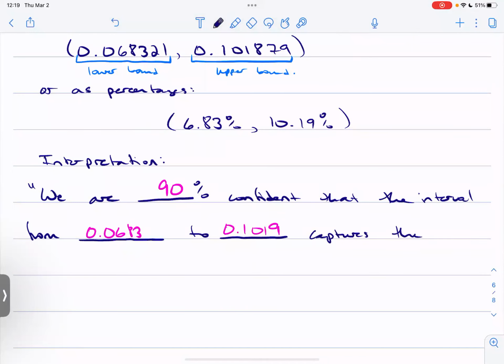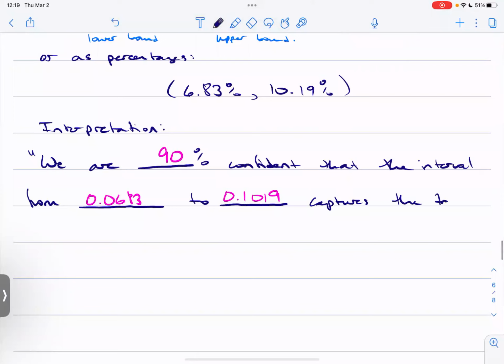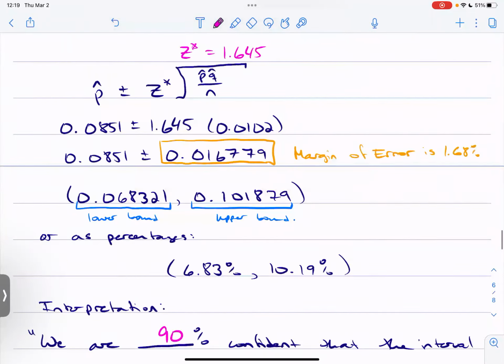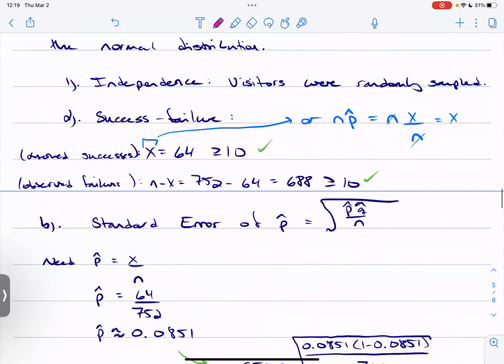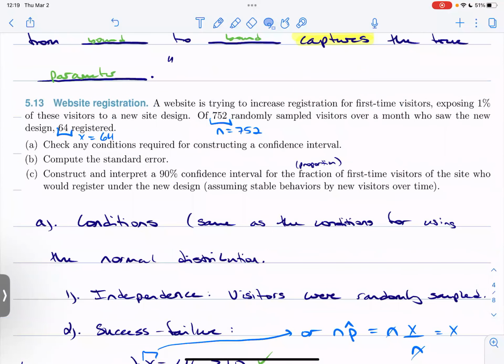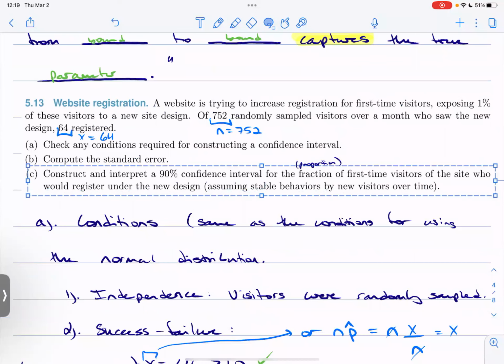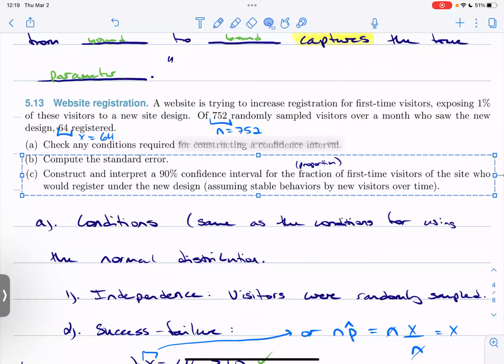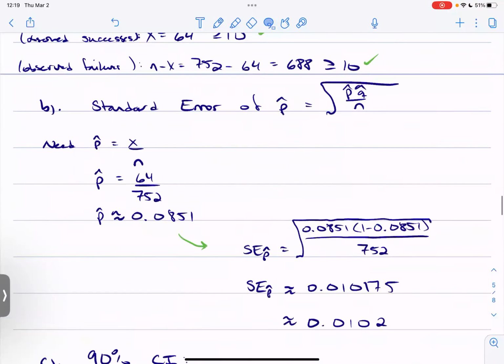captures the true, and I use the word true to emphasize that it's the proportion or the population rather. Okay. So the population or the true, and this is where I'm just going to steal from the question and reword it as an answer.